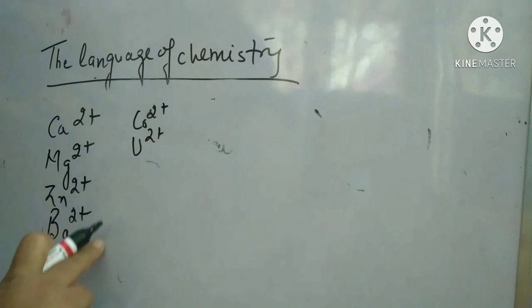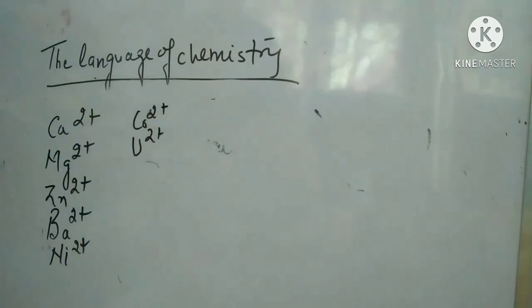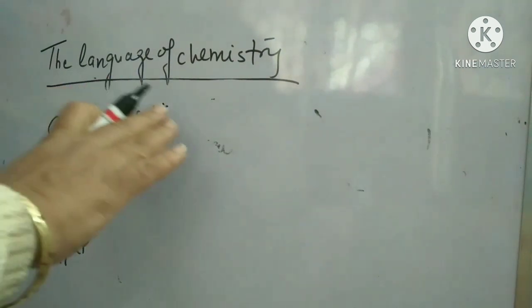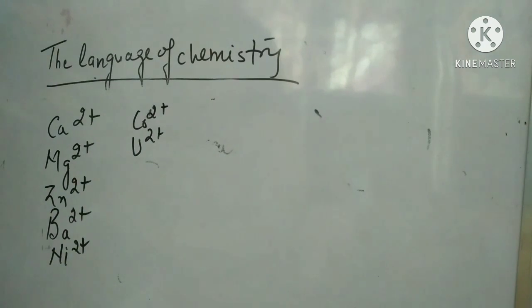All these are having 2 plus valency, so they are known as divalent elements.